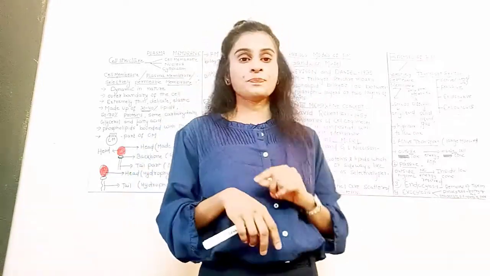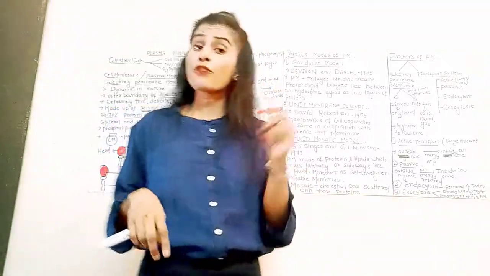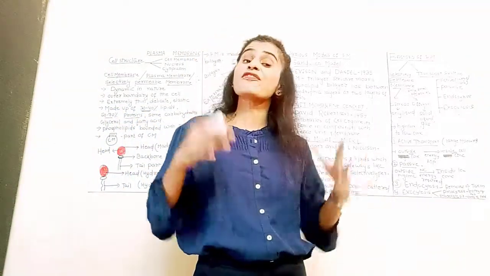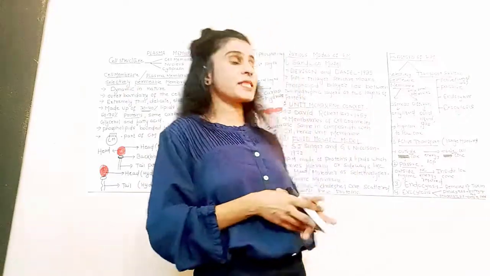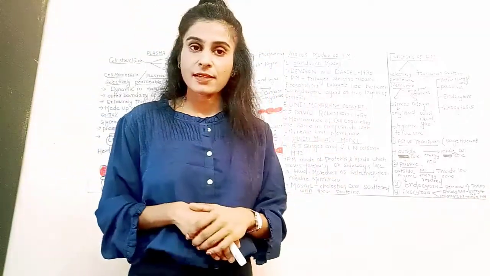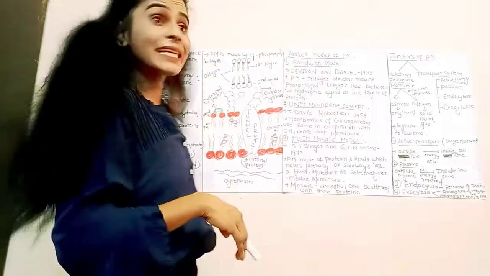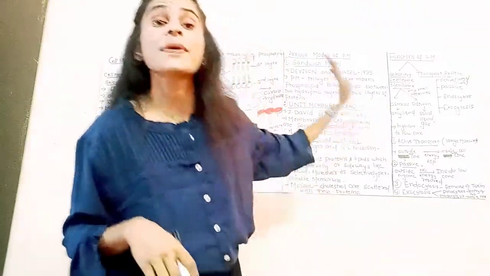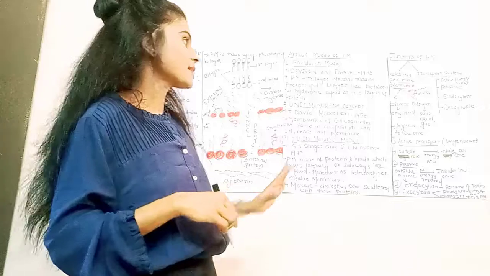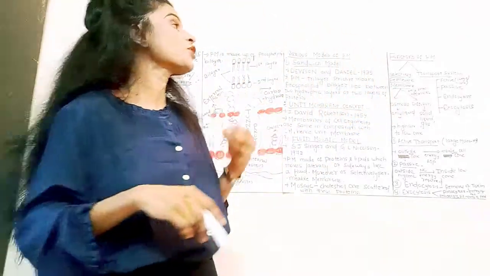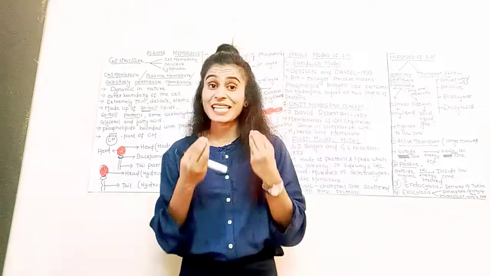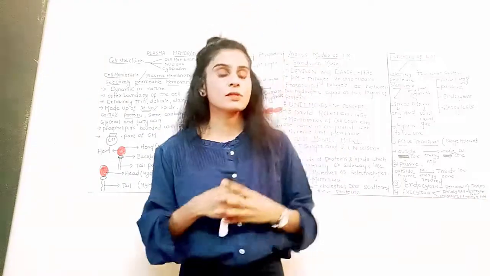Now let's come to the function of the plasma membrane. What functions does this cell membrane exhibit? Two important functions, guys. First, we have already discussed that it's a selectively permeable membrane, and the second function is that it acts as a transport system.